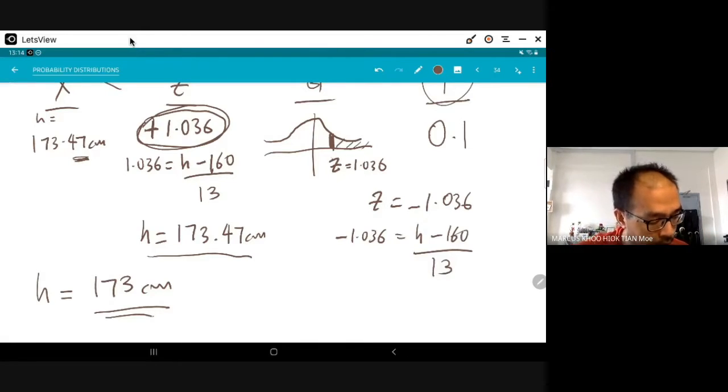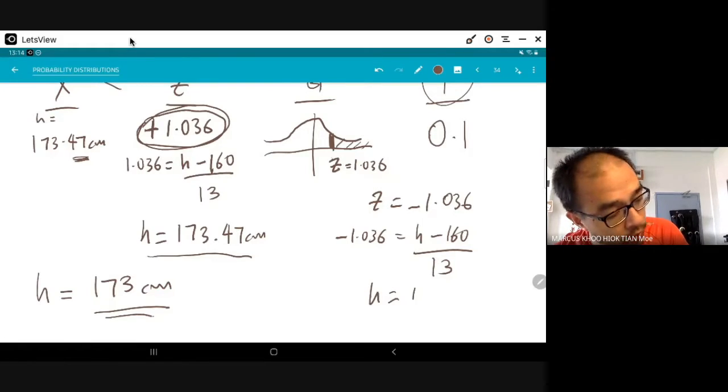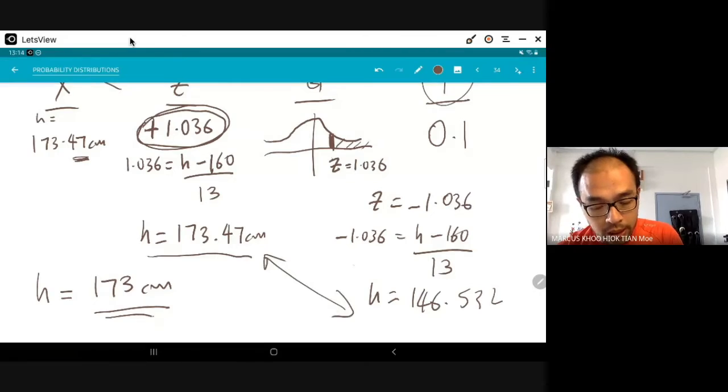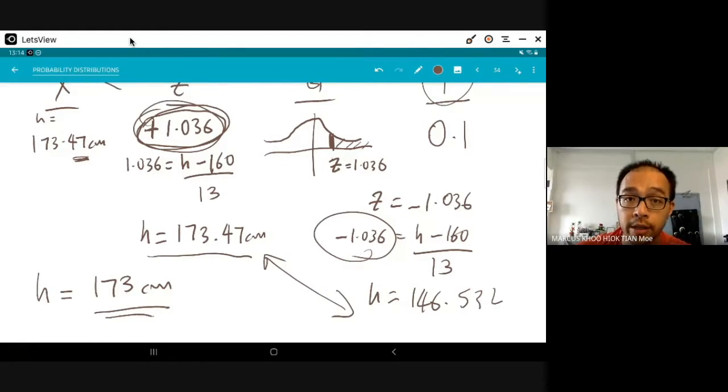Minus 1.036 times 13 plus 160. We will get H equals 146.532. See, there is a difference if our answer is positive or negative. There's a difference in your H value when you use a different Z value, positive or negative.